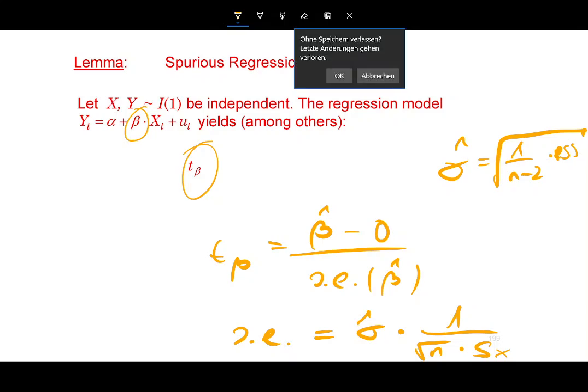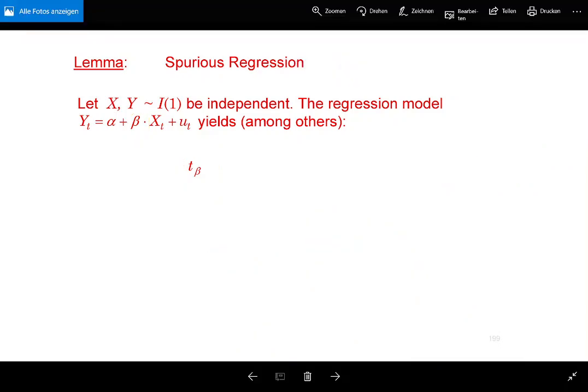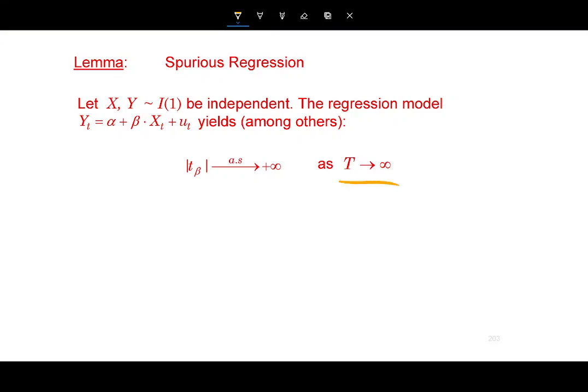Now, what you find here is that the absolute value of the test statistic does not converge, or to be precise, it diverges as the sample size increases. So that means that the greater the sample is, the greater the test statistic would tend to be. Again, it diverges, so that's how you say it, almost surely, with probability 1, okay?